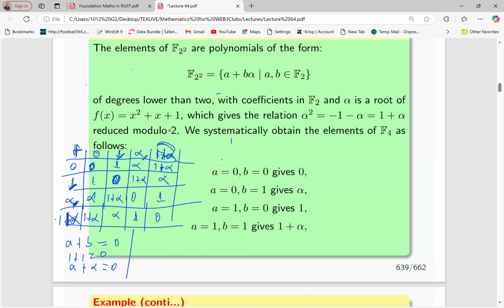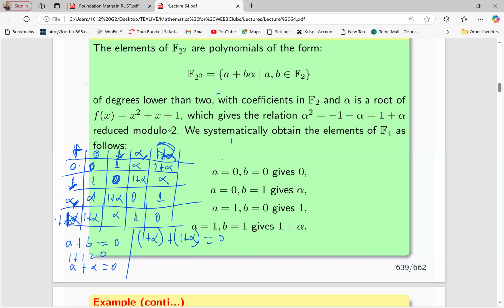I can also see the inverse of 1 plus alpha as 1 plus alpha. So in fact, in this case, every element was its own inverse, because I can see 1 plus alpha plus 1 plus alpha giving me the identity element.